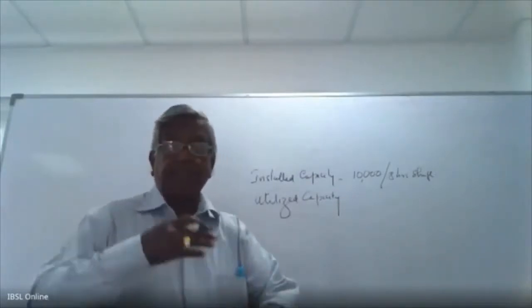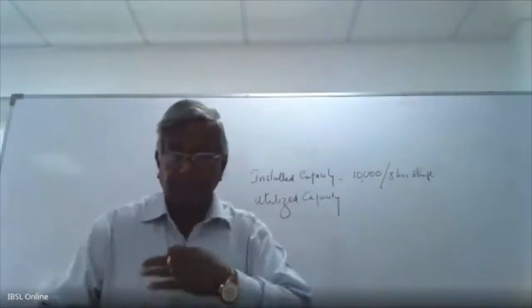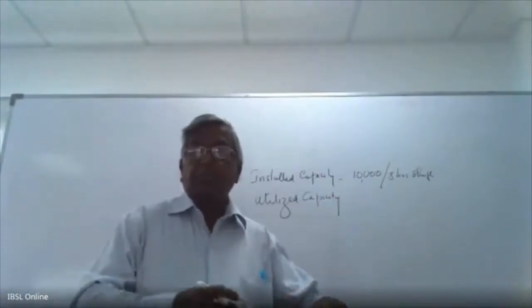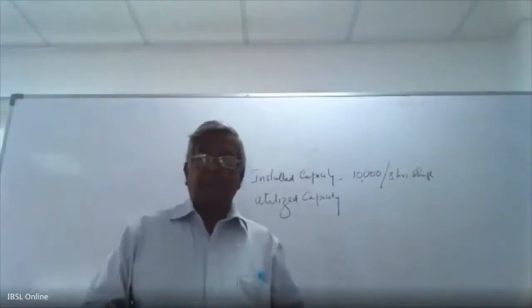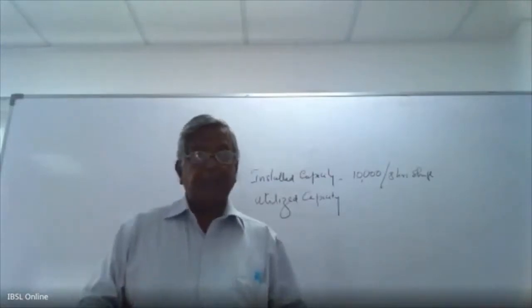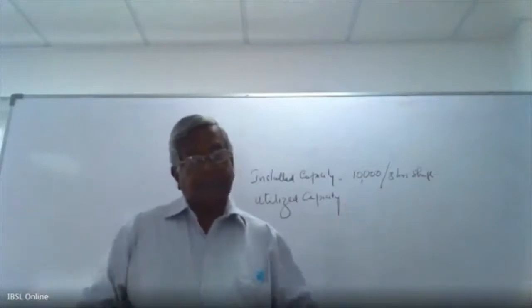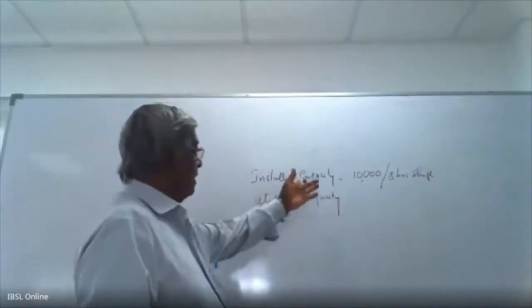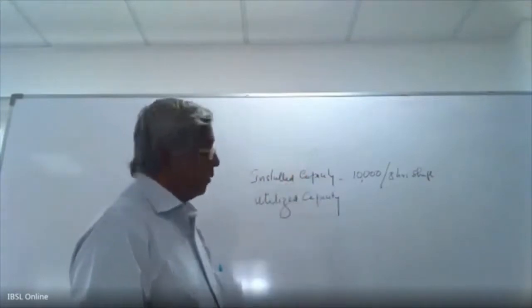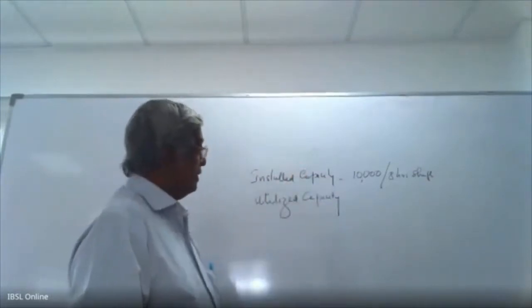Some machines operate continuously, while some machines, of course, you have to give some break to operate. So depending on that, per unit of time, what is the maximum output from the machinery? That is the installed capacity. So this machinery has an installed capacity of 10,000 per 8-hour shift.